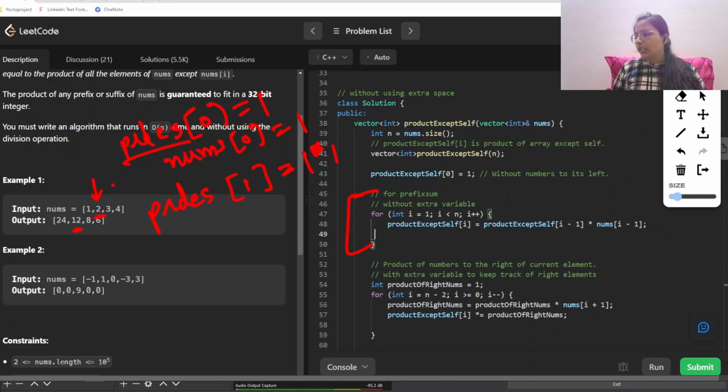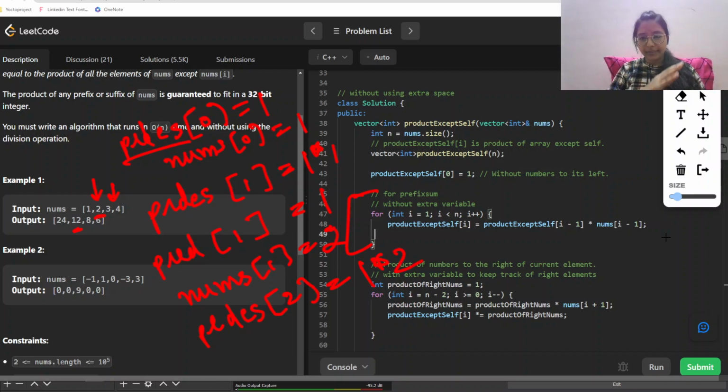Then when we go ahead at 3, because indices are 0, 1, 2, whatever was stored at 1 would be here as 1, and nums of 1 was basically 2. So for product except self of 2, we will have 1 into 2 from the left.